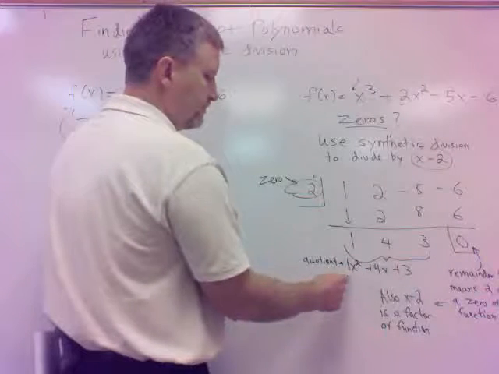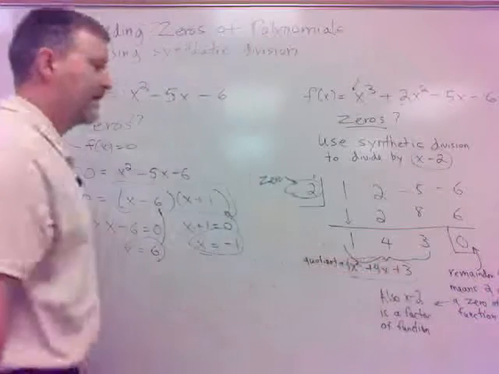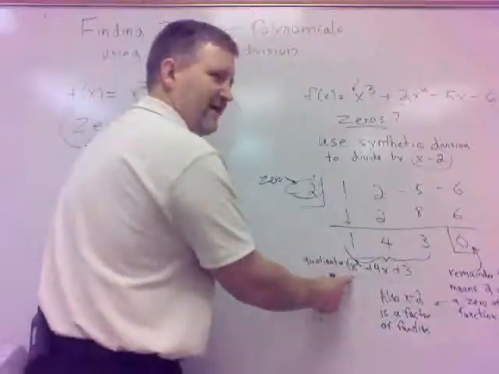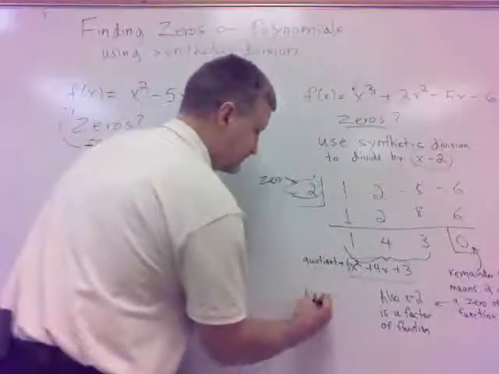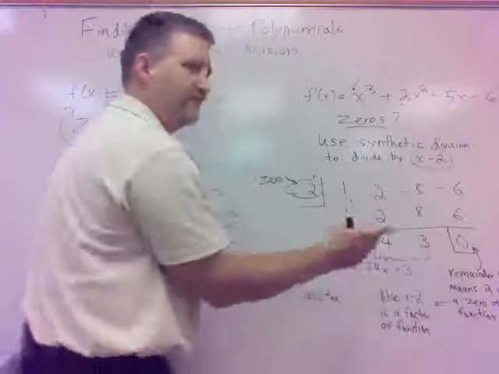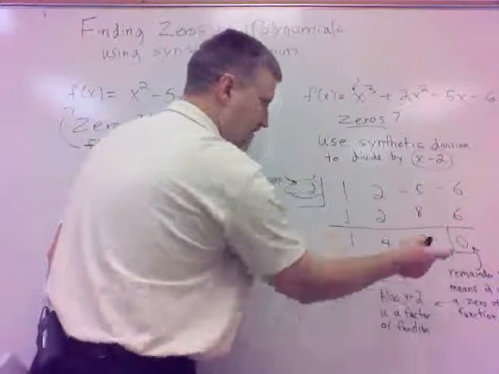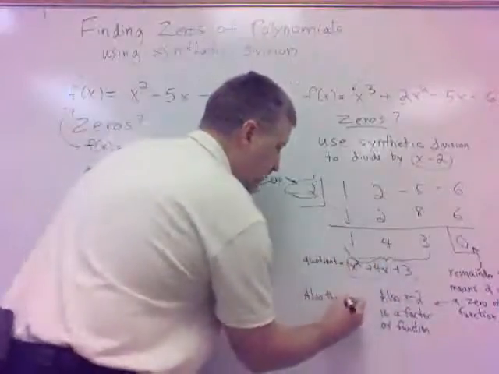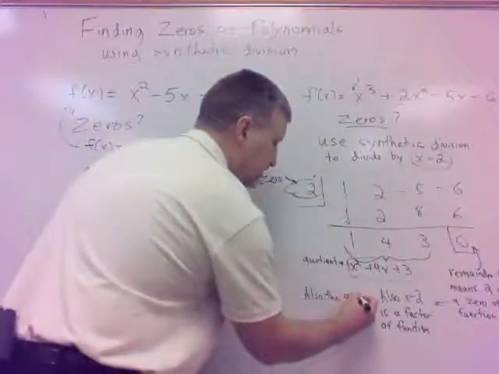And preliminarily, I guess you might say, we can also say this is a factor. So when you get that 0, a lot of good things happen. You get another factor, you got a 0 of the function, you got a factor of the function, then you've got another factor. So also the quotient is a factor.